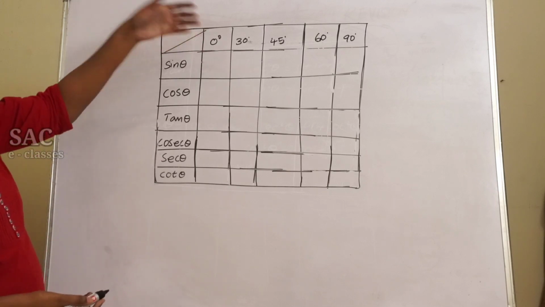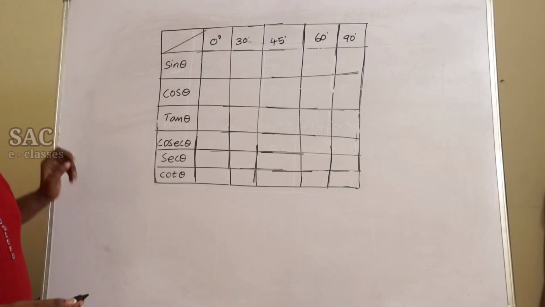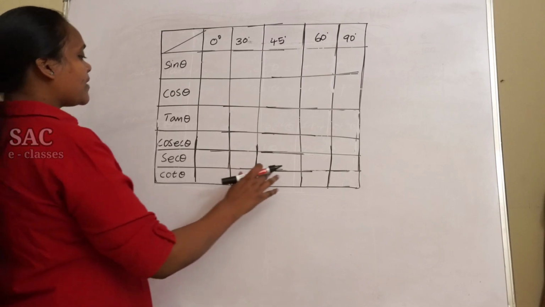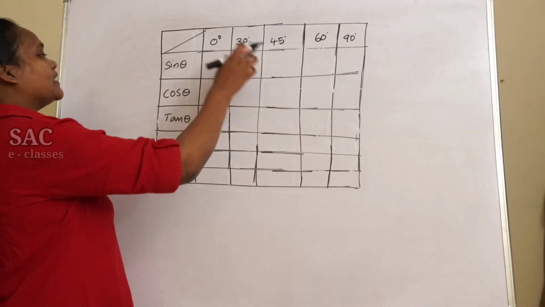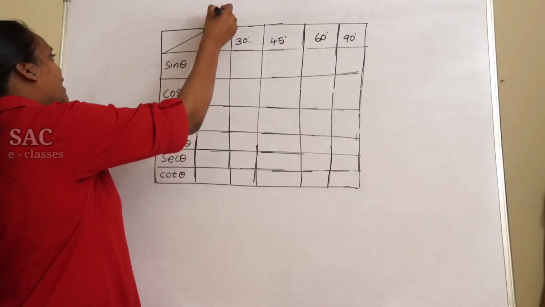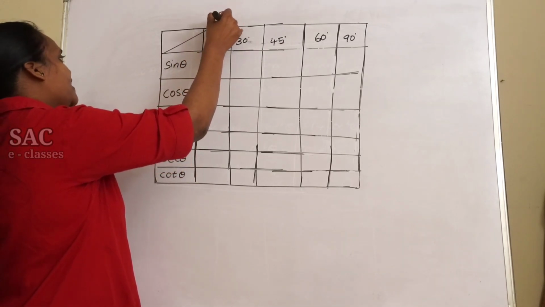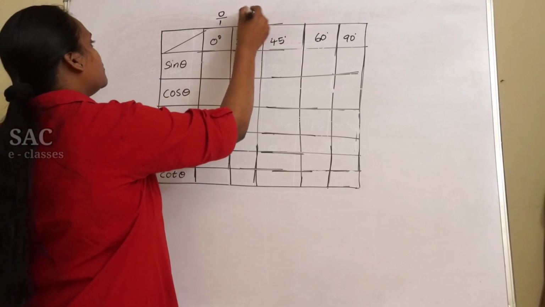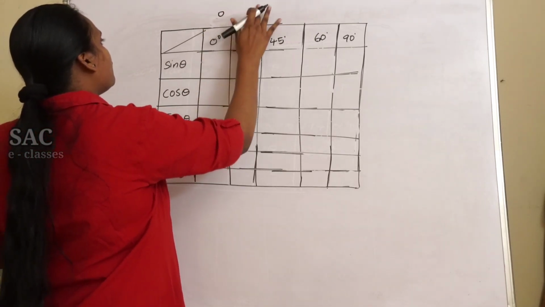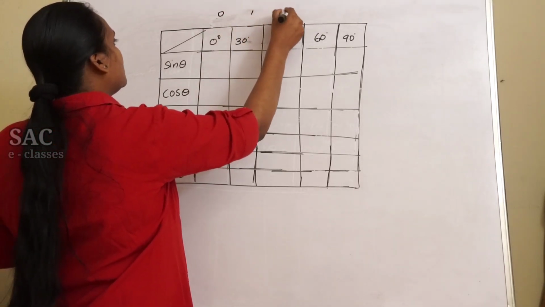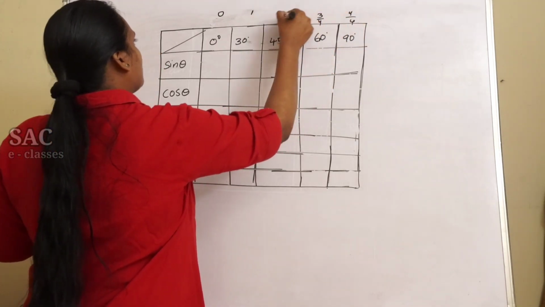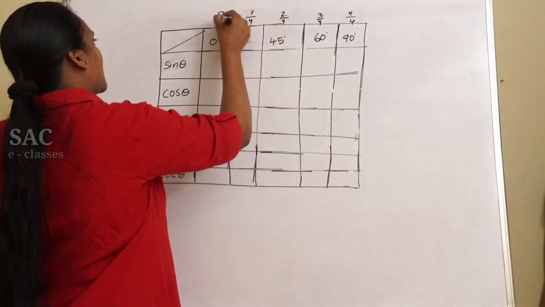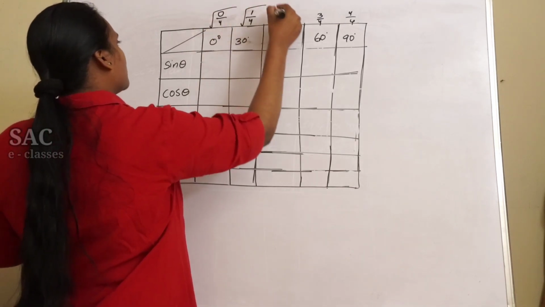How can we calculate the standard angle values? You know very well that with the help of geometrical proofs you can calculate all these values. But to remember them in an easier manner, very simple: write the numbers 0, 1, 2, 3, 4, divide by 4 and apply the square root.